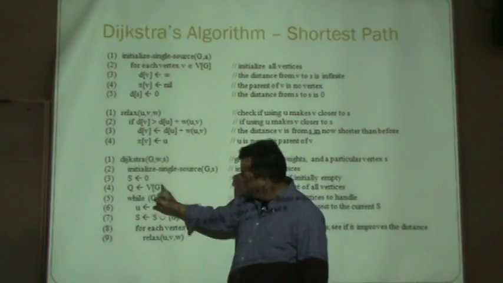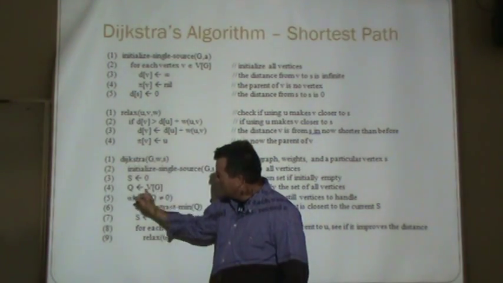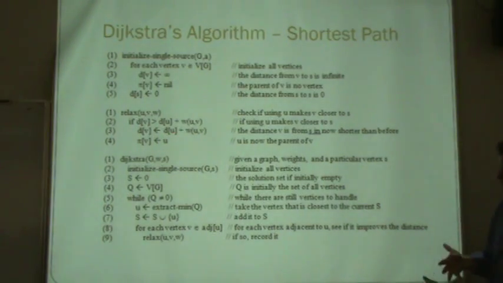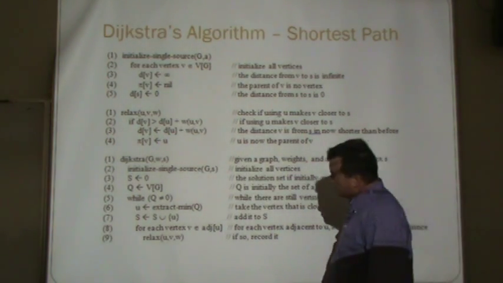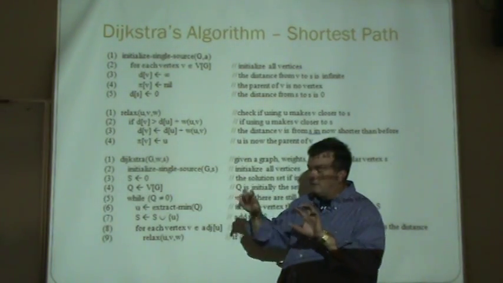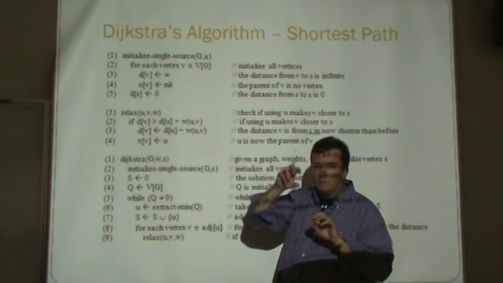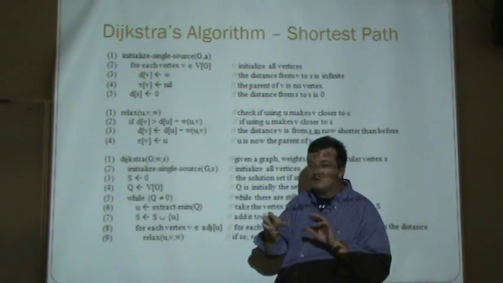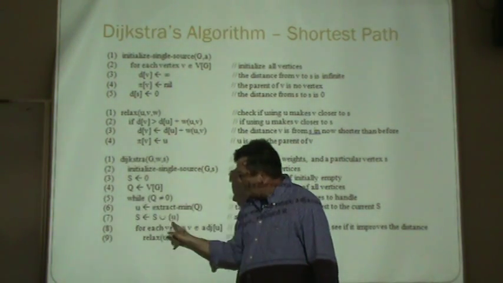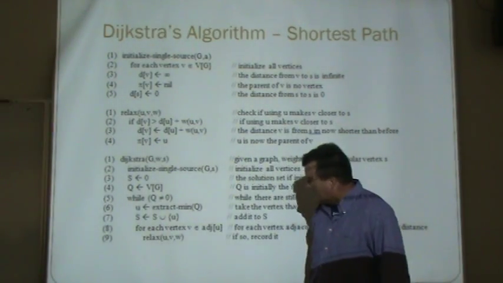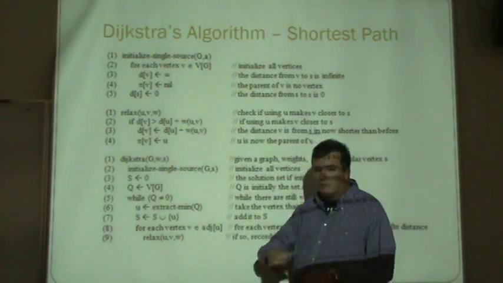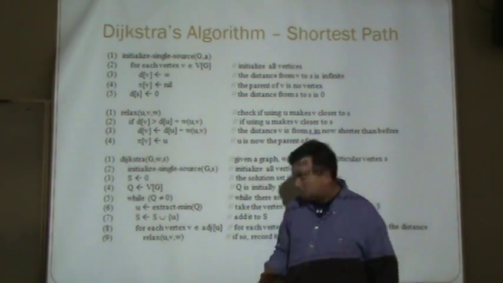And then we start putting all the vertices into some data structure Q. And while there's something in Q, we always extract the one, out of all the nodes we could eventually get to, that is closest to our tree so far. Take that one, add it to our answer set, and then for every vertex that one touches, relax them. See if that helped us get a better answer.